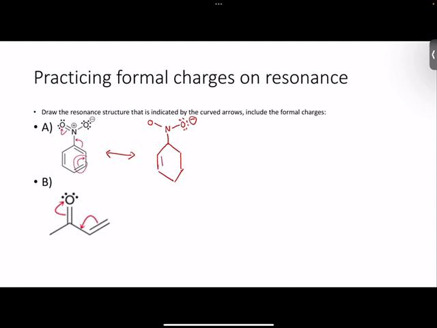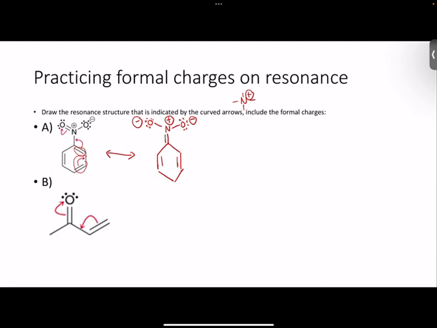This arrow is moving it to here. Then this arrow is moving it to here. We're making a double bond in there. This one's gonna become negative. Let's see, this one's good. This one stays positive because we know nitrogen with 1, 2, 3, 4 bonds is gonna be a positive charge.